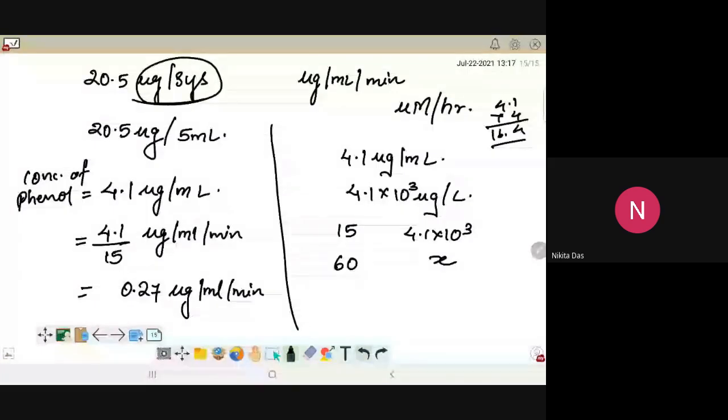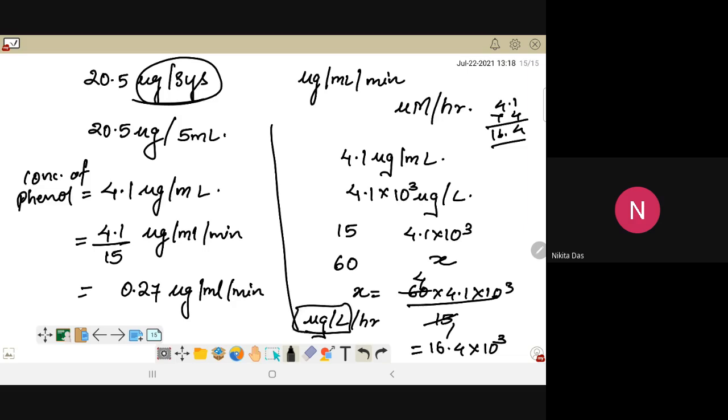So cross multiplication. That's going to be 60 into 4.1 into 10 raised to 3 by 15. That's going to be 16.4 into 10 raised to 3, which is microgram per liter per hour.